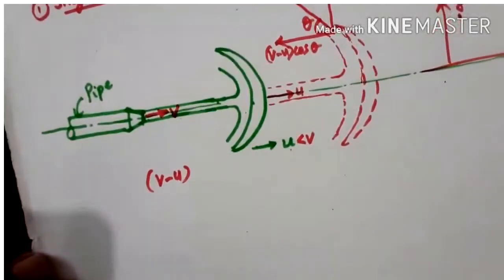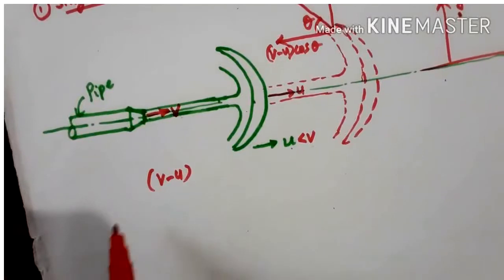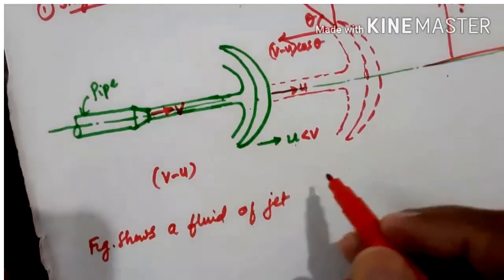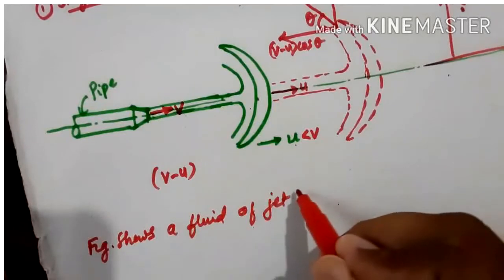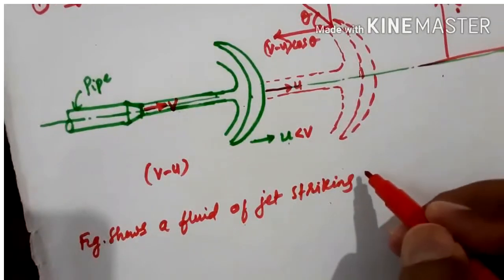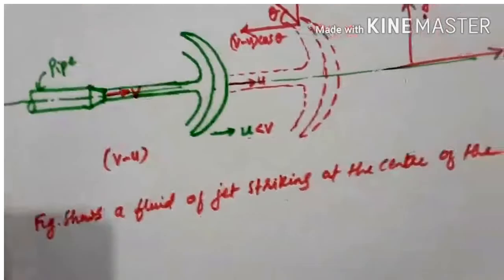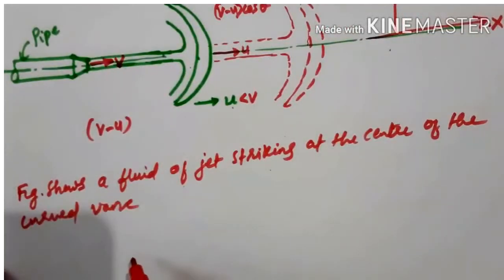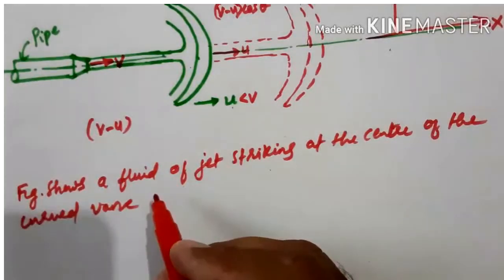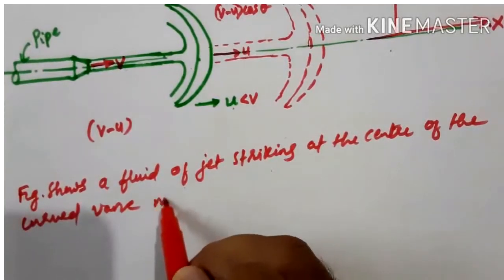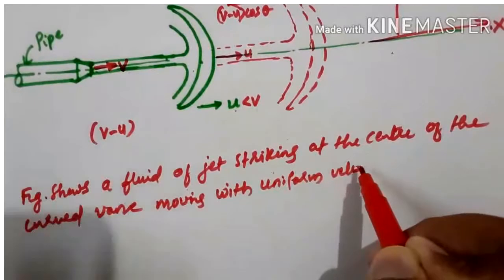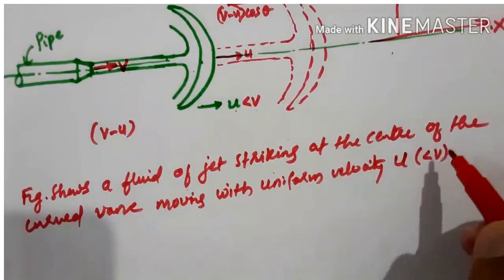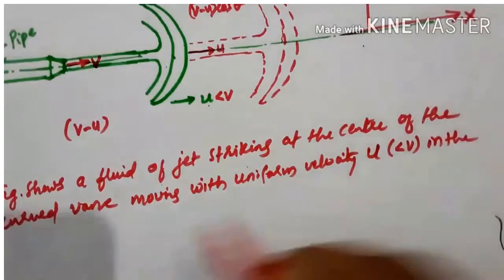So here the figure shows a jet of fluid striking at the center of a curved vane, moving with a uniform velocity u, that will be less than v in the direction of the jet.